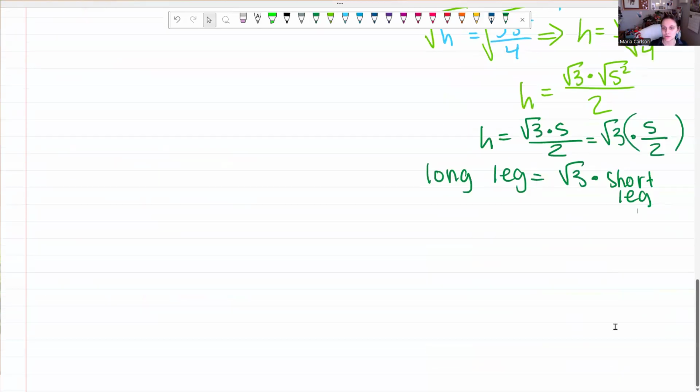And that leads us to the 30, 60, 90 degree triangle theorem.